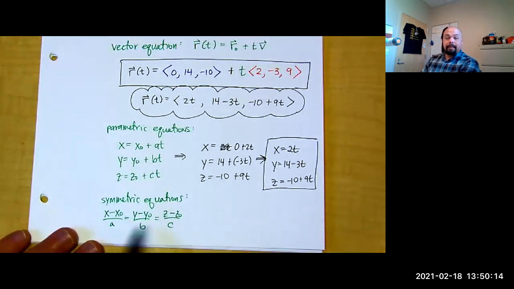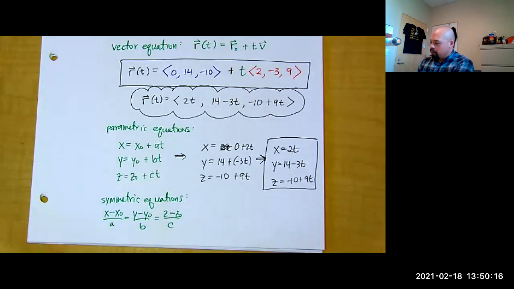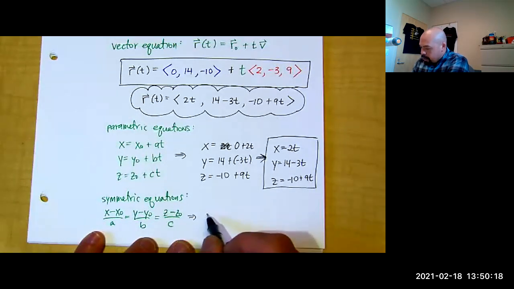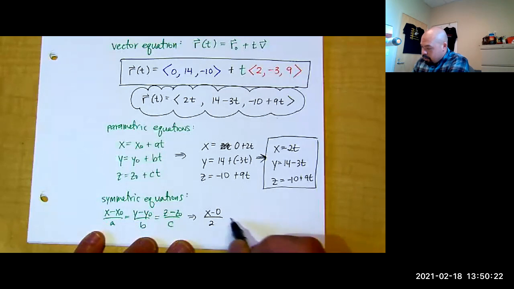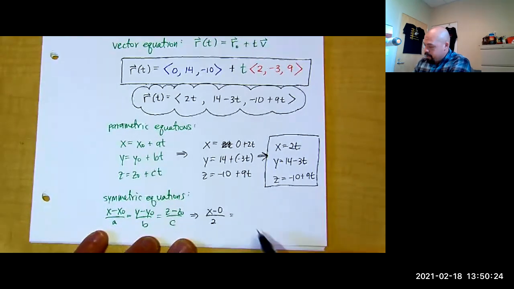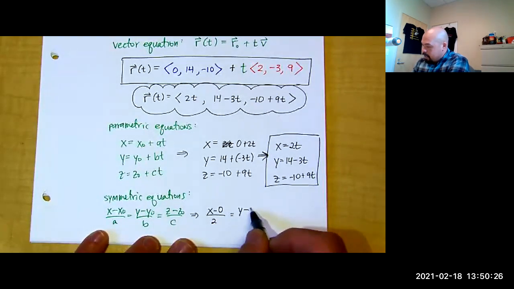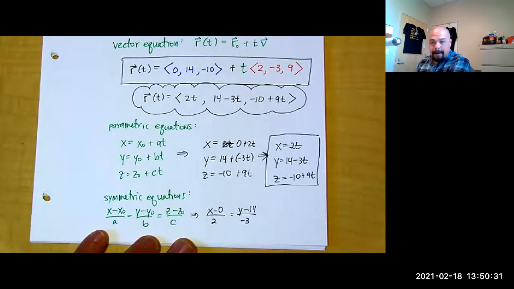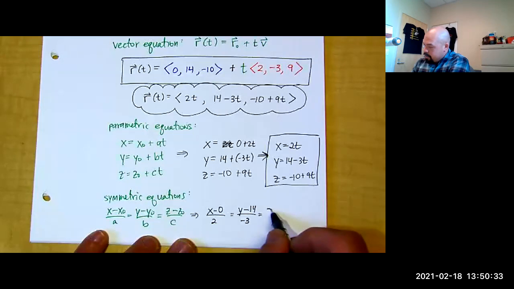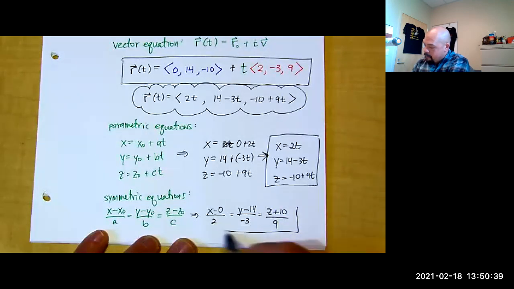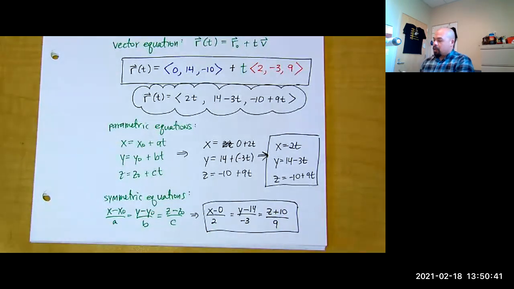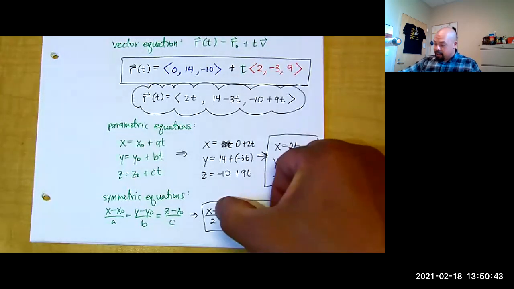So all those ratios are equivalent. X minus 0 over 2, or just x over 2. Y minus 14 over negative 3. Watch that sign. Z minus negative 10, so z plus 10 over 9.